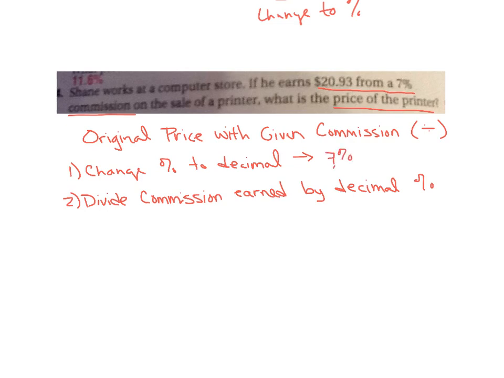We move the decimal over twice, and we get 0.07. Then the second thing is divide the commission. So 20.93, because that's the commission, divided by 0.07, and that equals $299. So that's the original price. So if you're looking for the commission, you multiply. If you're looking for the original price based on the commission, you divide.